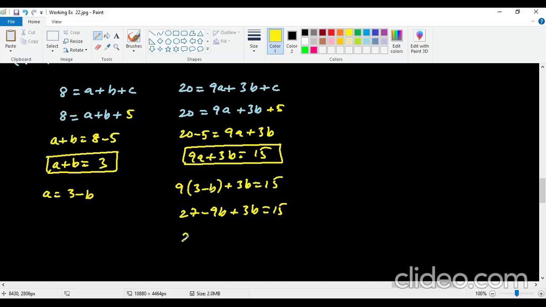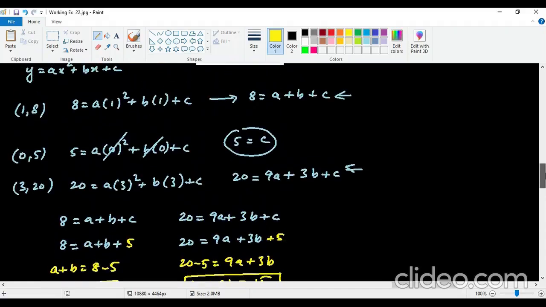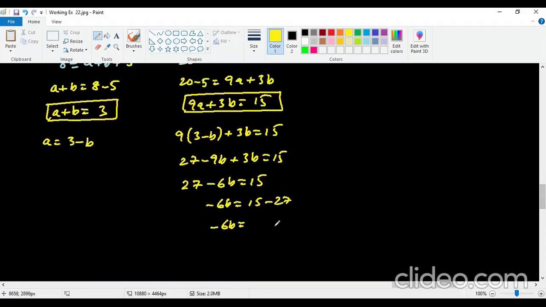So 27 minus 6b equals 15, so minus 6b equals 15 minus 27, which is negative 12 actually. So b will be equal to 12 divided by 6. So the b value is going to be 2.